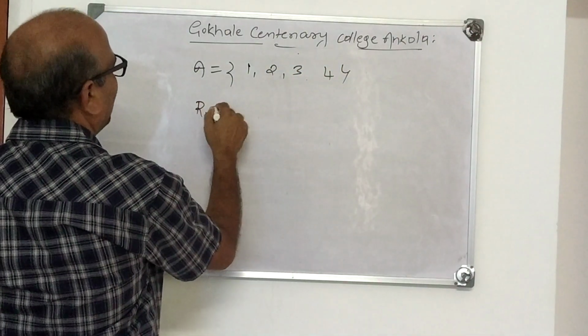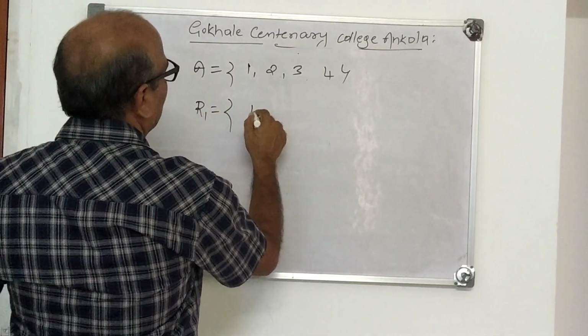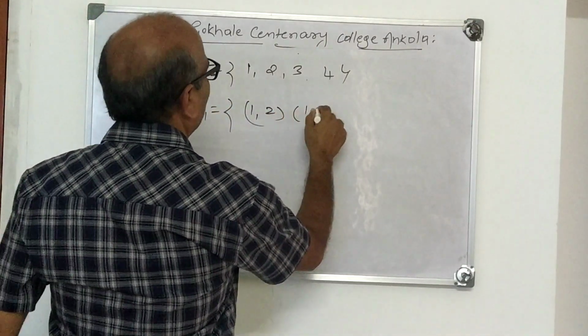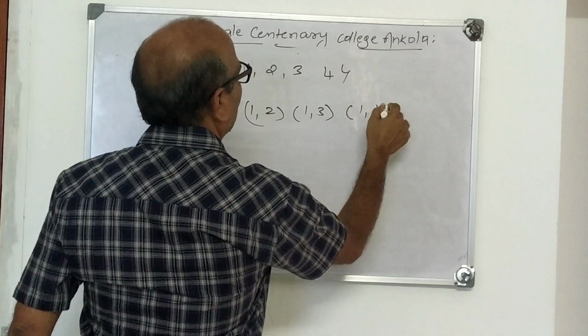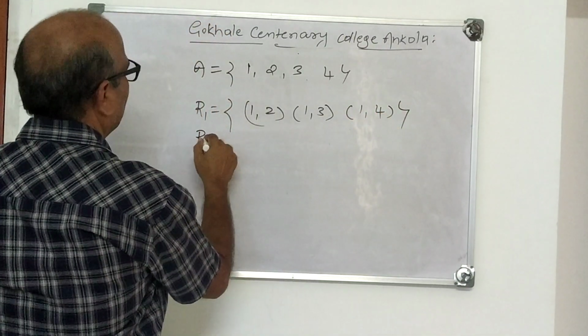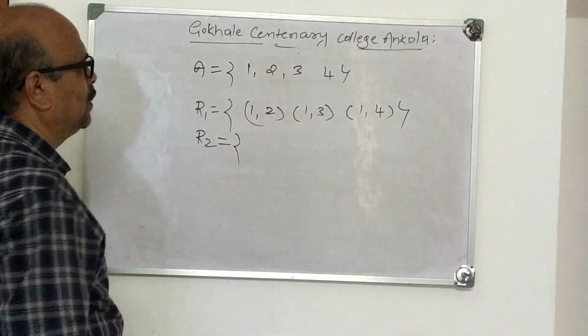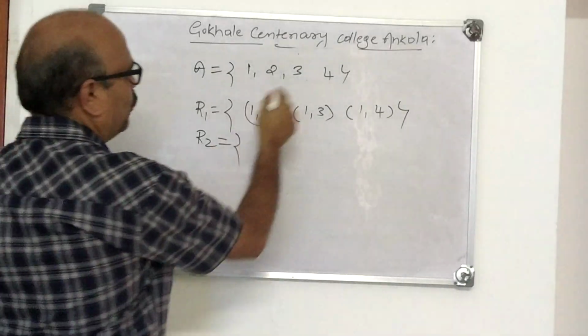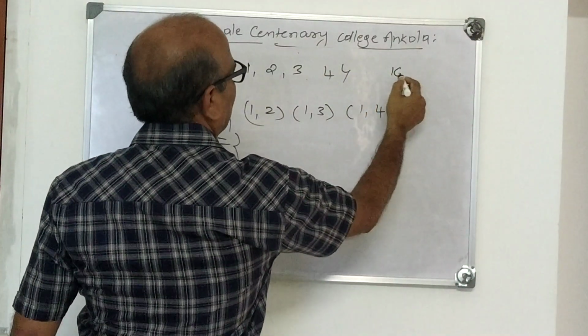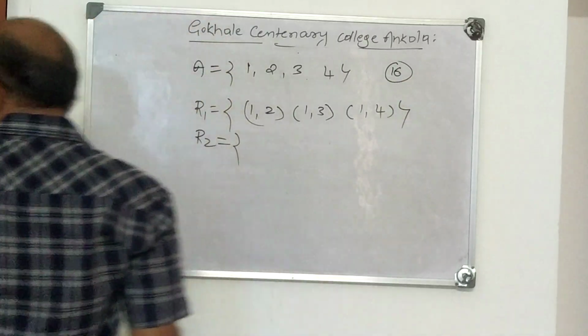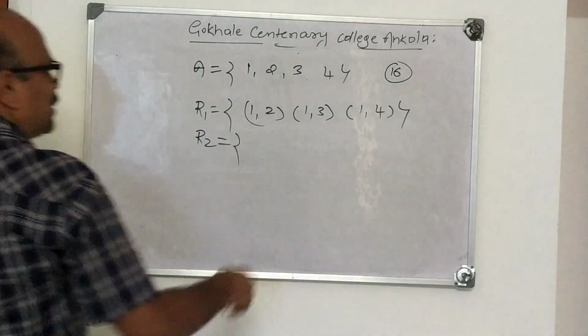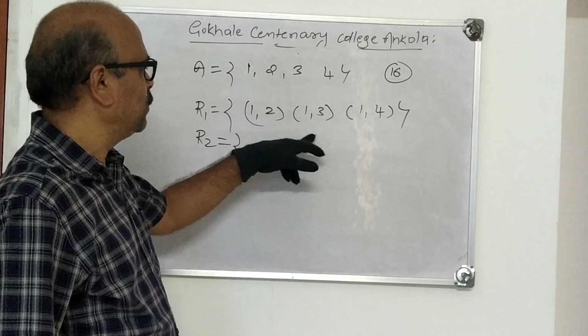Then I define R1 as {(1,2), (1,3), (1,4)}, and R2, I take some other subset of A cross A. How many elements are there in A cross A? 16 elements are there because 4 into 4.